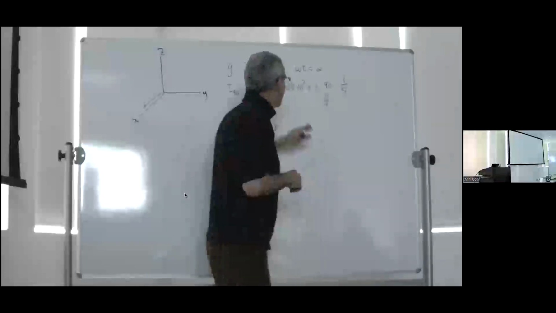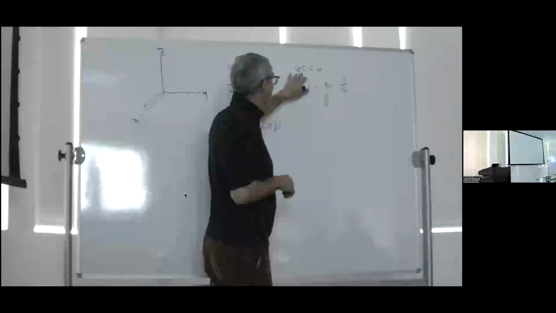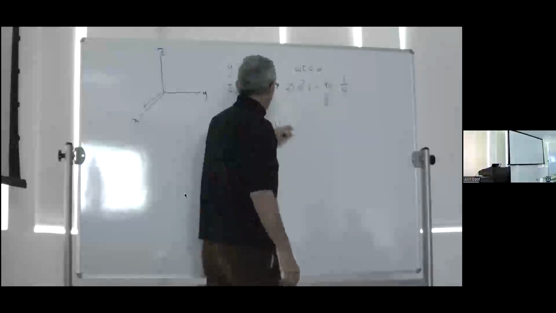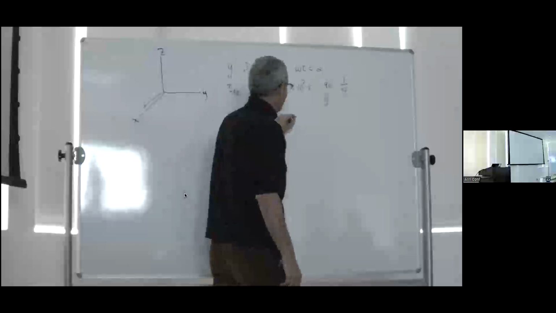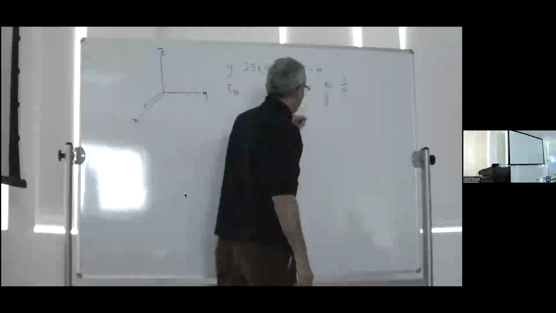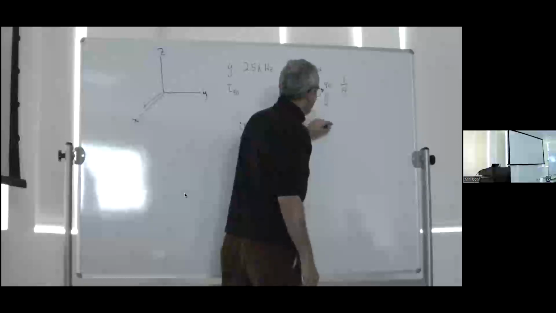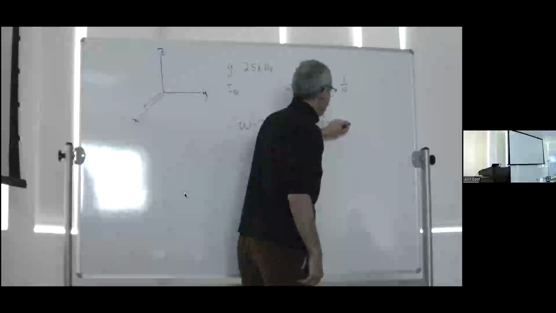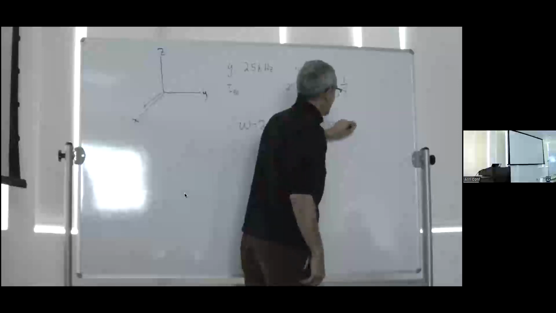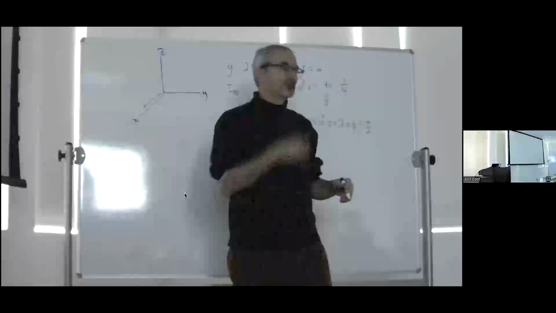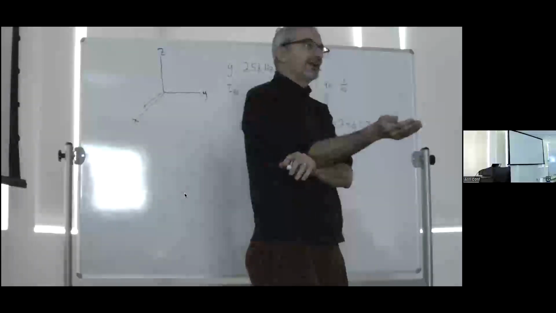If we converted this to omega, then we would have to multiply by 2 pi, and I would have 2 pi times 25 times 10 to the third times tau is equal to 2 pi times 1/4, which is pi over 2, right? Which is the right measure of 90 degrees if we're talking about angular units.